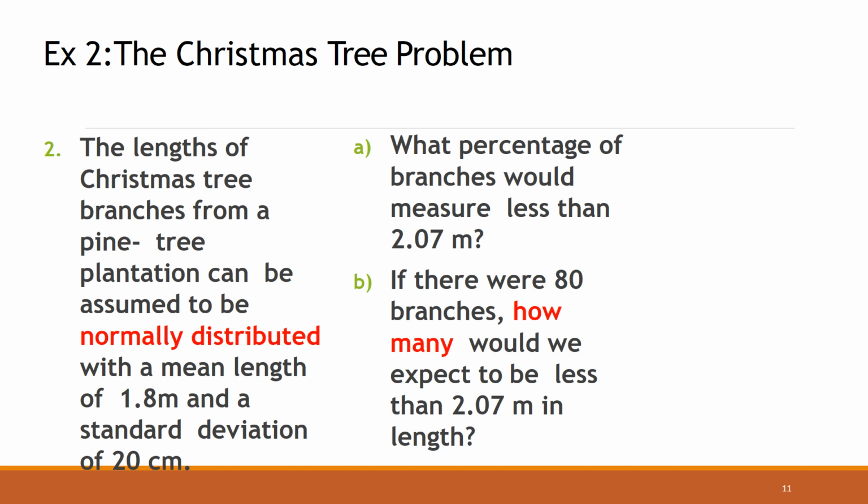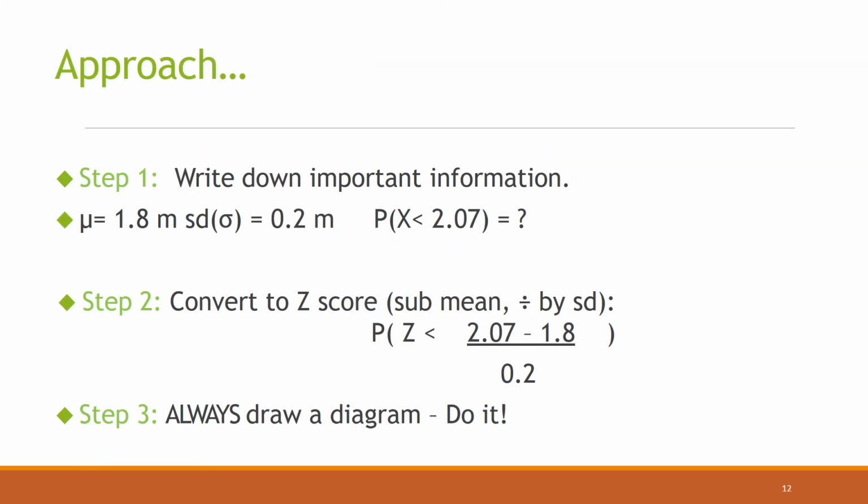It is very simple. Earlier it was 1.7, here it will be 1.8 as the length. Standard deviation 20 centimeters means, with 100 centimeters in 1 meter, 0.2. Then less than 2.07, like earlier it was 1.87. So simply we can do it. I'll give a kind of figure for this one: mean, standard deviation, then how we can convert that to a Z score with the table, then you can do it with the diagram.